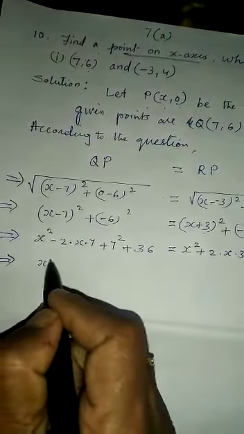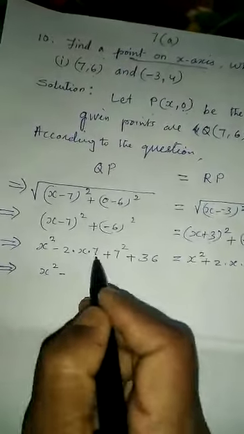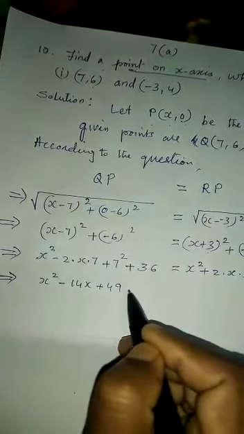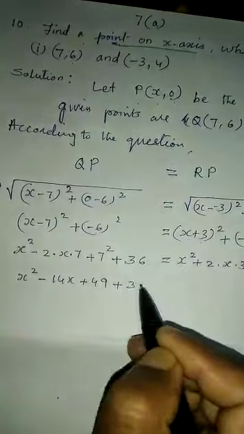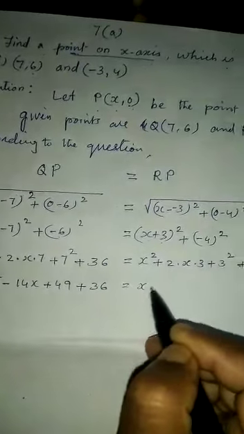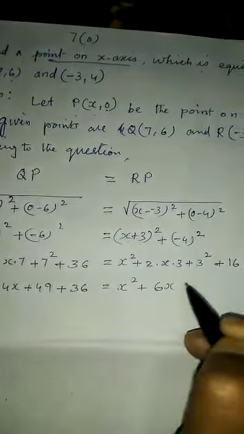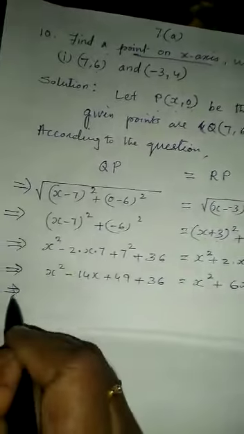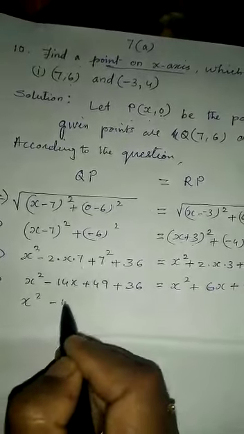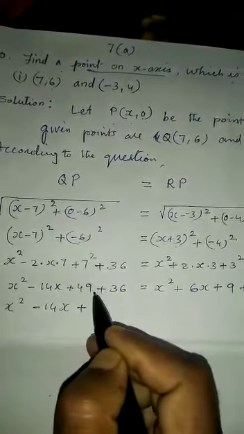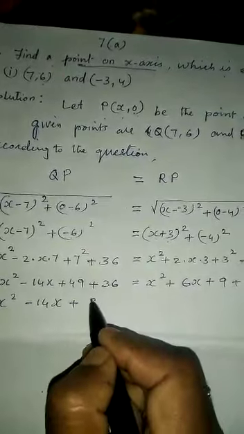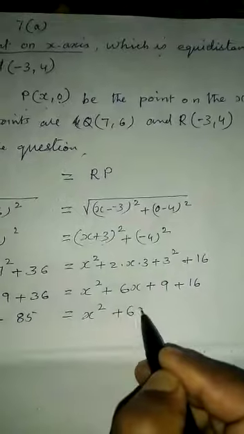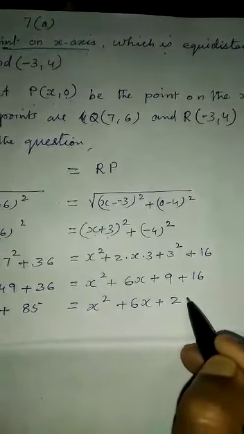Implies x square minus 2 sevens are 14x plus 49 plus 36 equals x square plus 6x plus 9 plus 16. That is x square minus 14x plus 85 equals x square plus 6x plus 25.